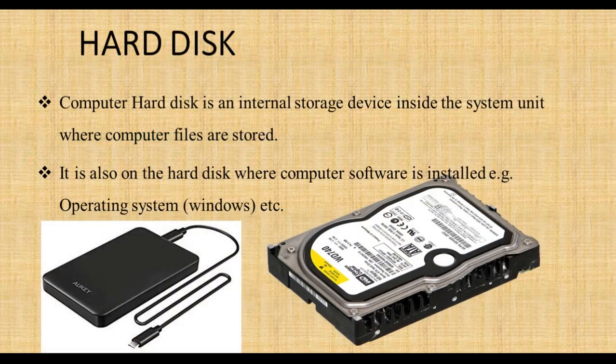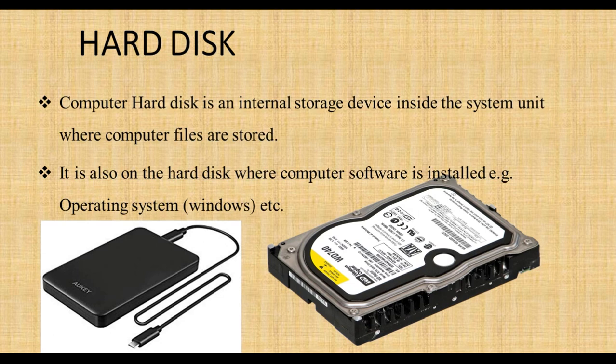Another computer hardware device is a hard disk, and a hard disk is an internal storage device inside the system unit where computer files are stored. Or we can also use a hard disk for storing computer software.